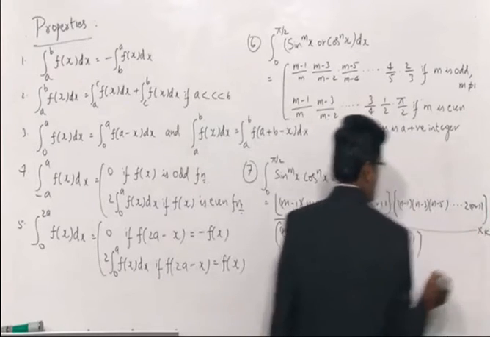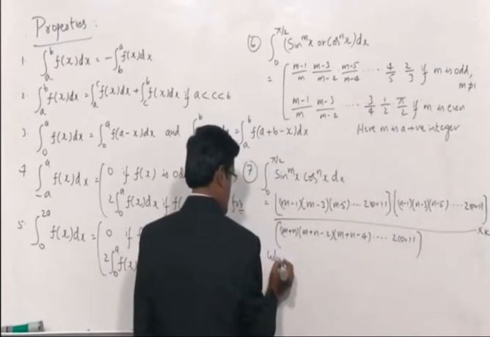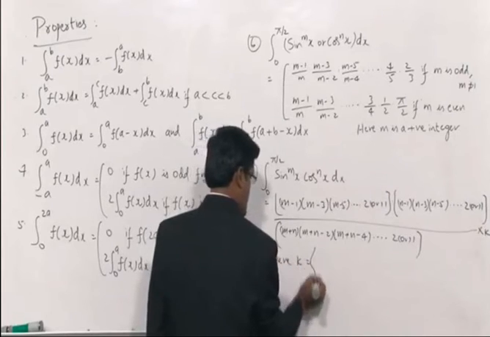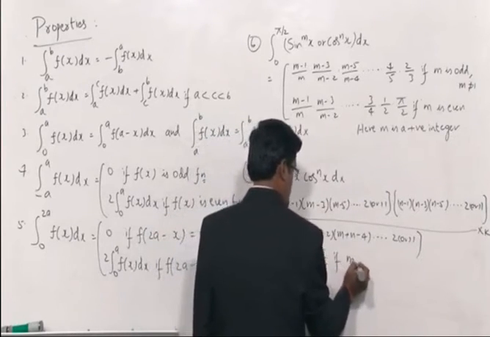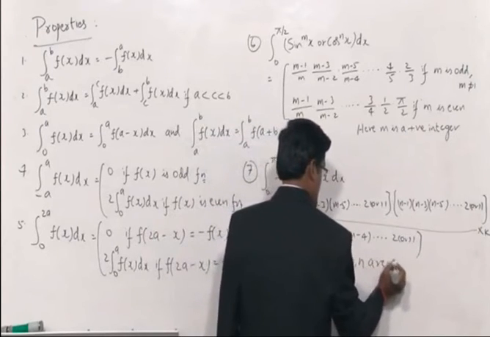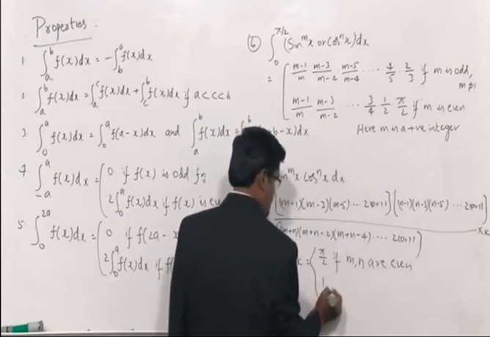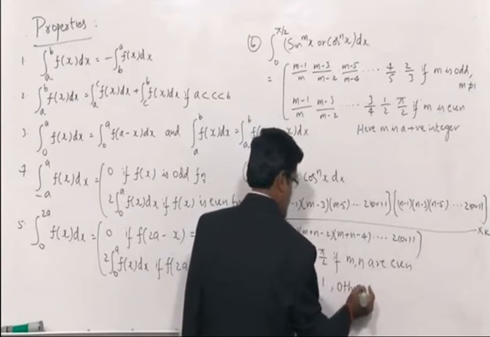All these are multiplied by k, where k is equal to pi by 2 if m, n are both even, 1 otherwise.